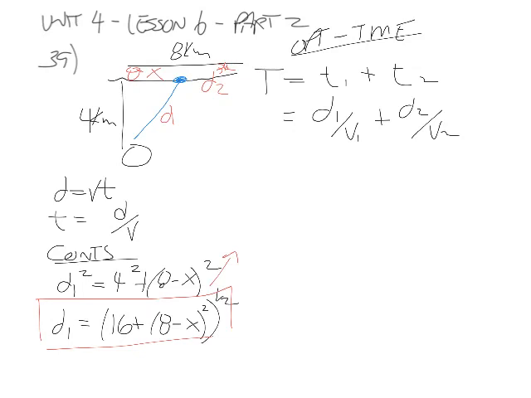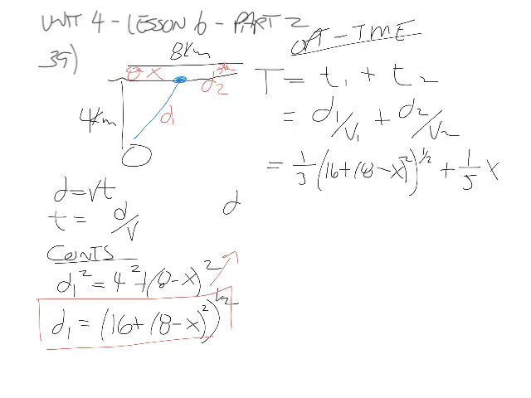So now I can do the substitution for time. So velocity, I'm just going to write that as 1/3 [16 plus (8 minus x) squared]^(1/2) plus my second distance is just a value of x over, let's write it in fraction form, velocity is going to be 5 kilometers an hour, so 1/5 x.